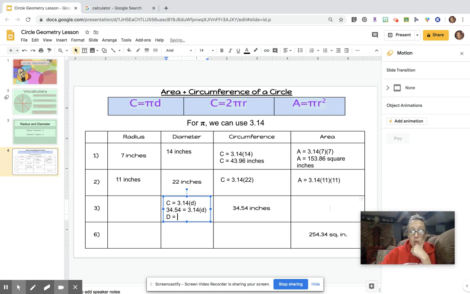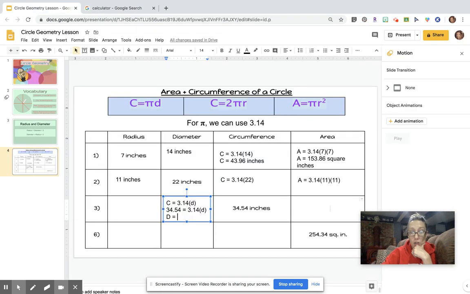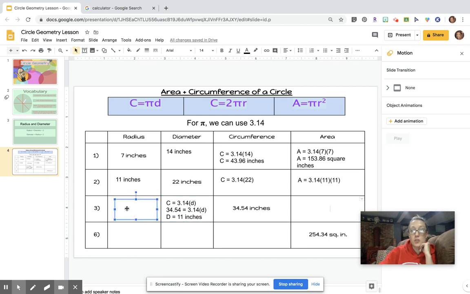So I do 34.54 divided by 3.14. That is going to give me a diameter of 11 inches. So now I'm just using that diameter to find my radius.